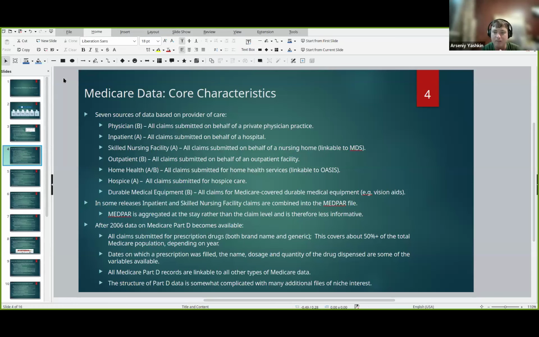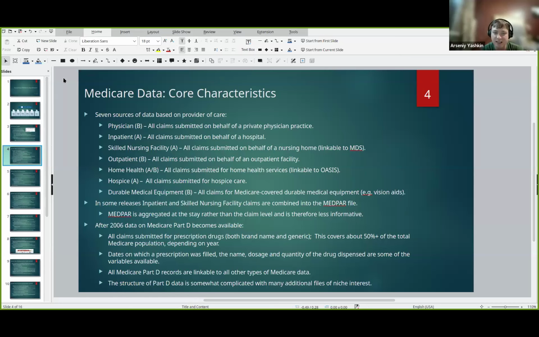Sometimes something called a MedPAR file is released, which is a composite of inpatient and skilled nursing facility. As far as I remember, at the NLTCS, we did not provide the MedPAR file, which is okay, since you get the inpatient and you get the skilled nursing facility file separately.